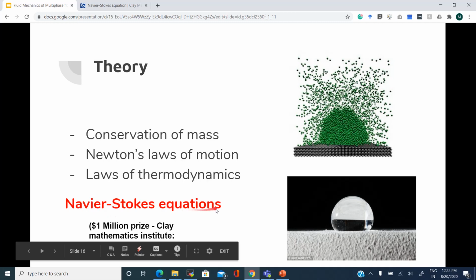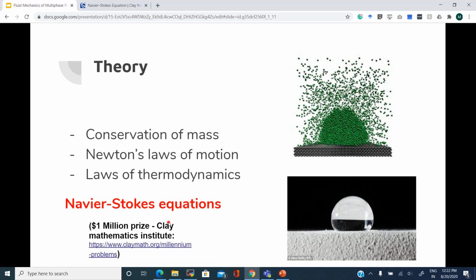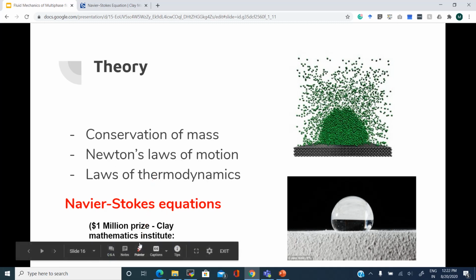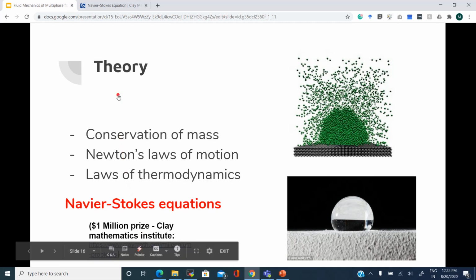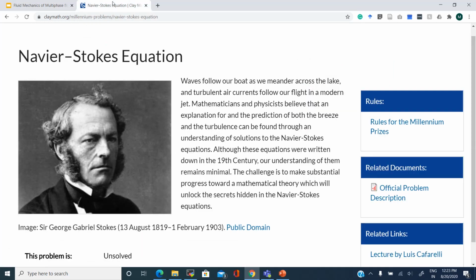The Navier-Stokes equations are for a particular type of fluid, derived from Newton's second law of motion for fluid flows. This is a very complicated equation which cannot be completely solved theoretically till now. The Clay Mathematics Institute has announced a prize of $1 million for someone who can theoretically prove the existence of solutions for the Navier-Stokes equations.